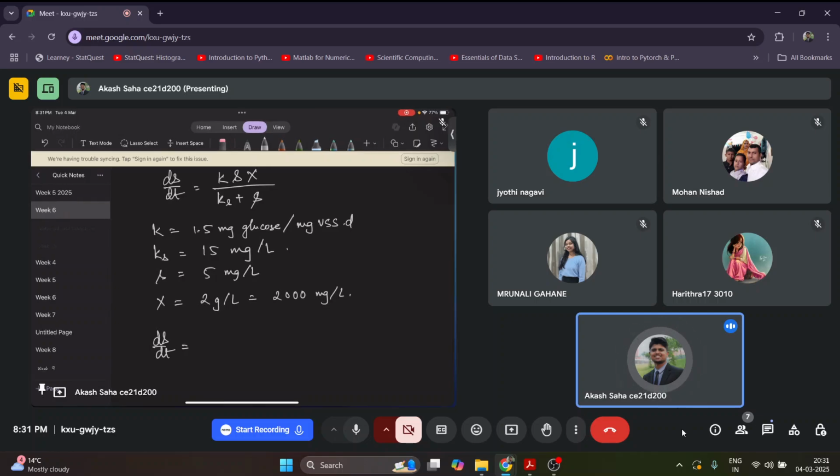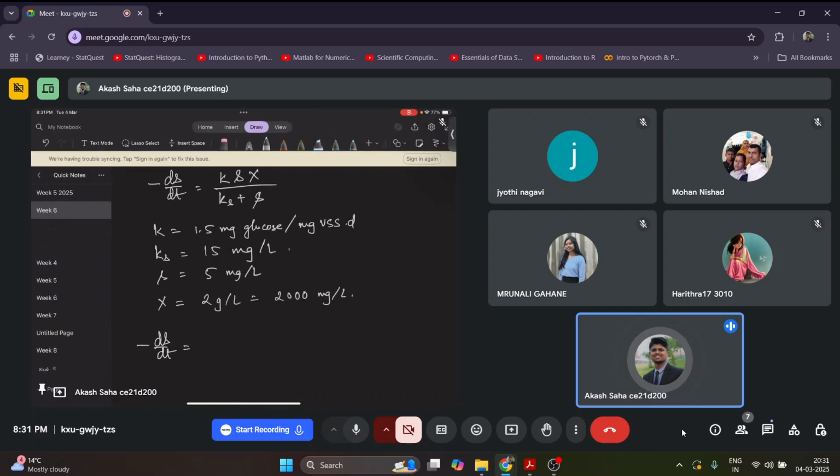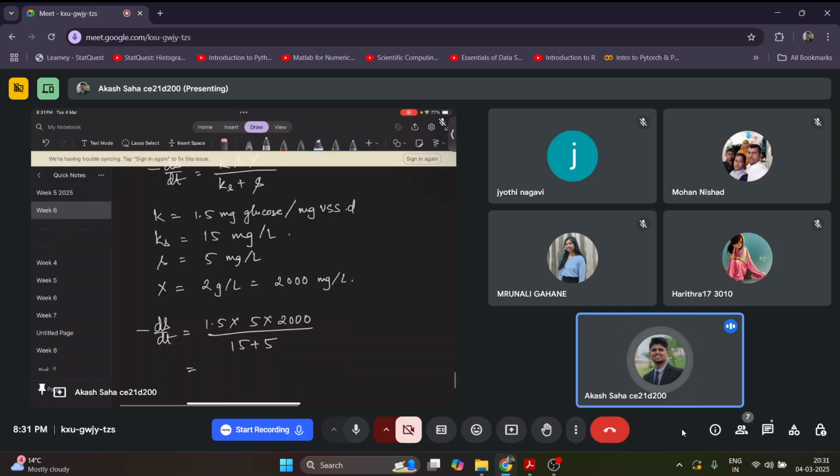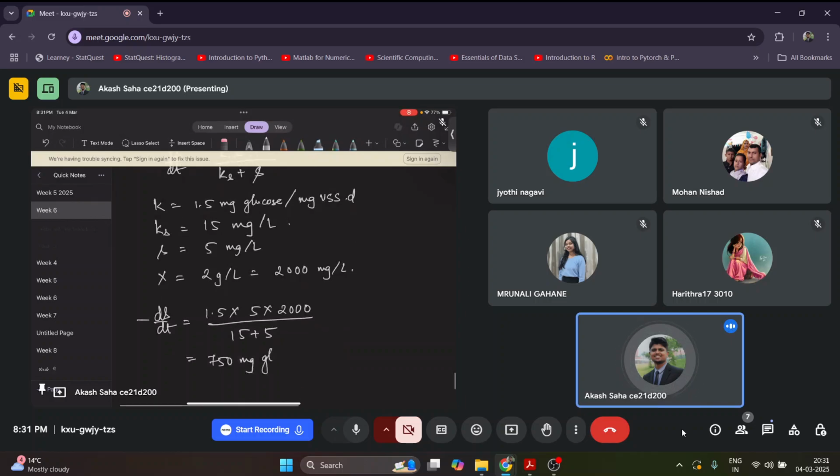So minus dS by dt will be equal to 1.5 into 5 into 2000 divided by 15 plus 5. So 750 milligram of glucose per unit day.